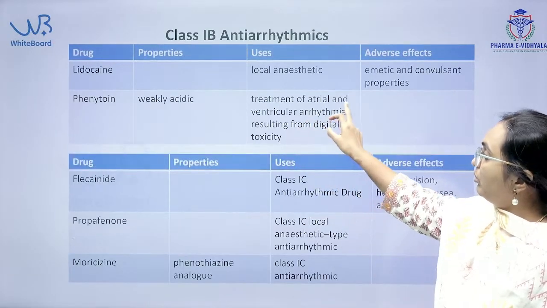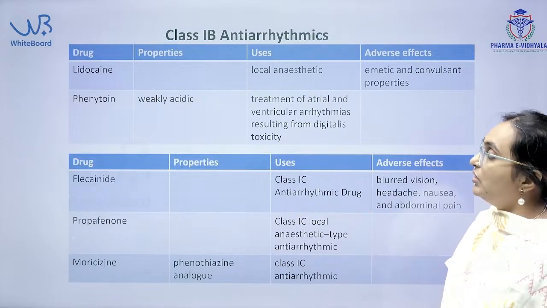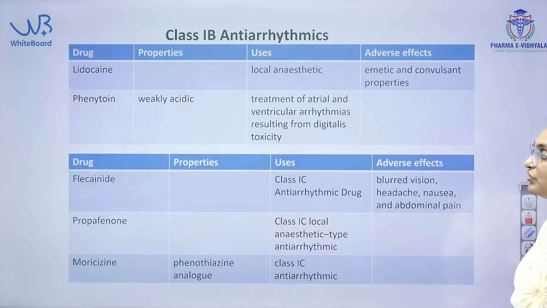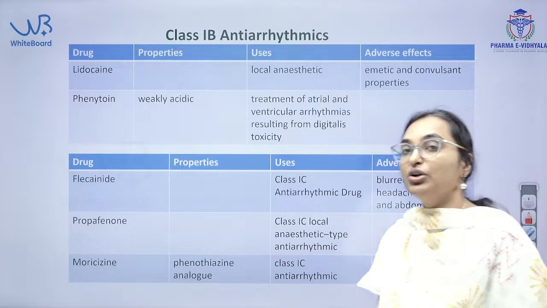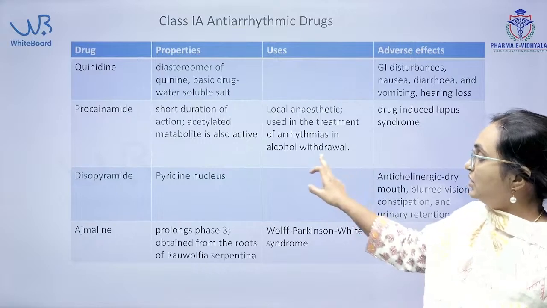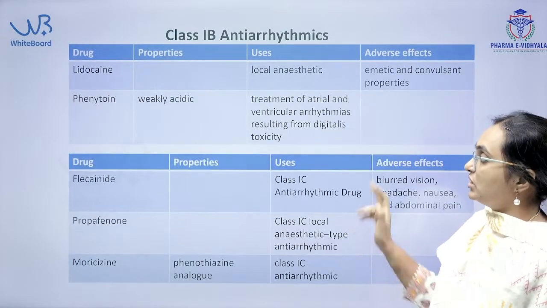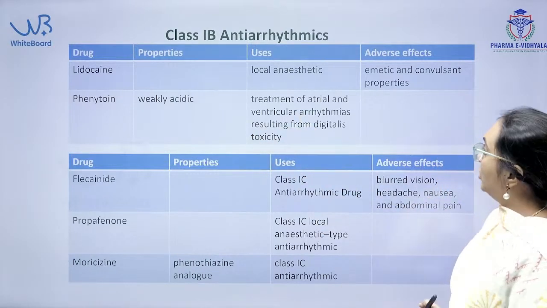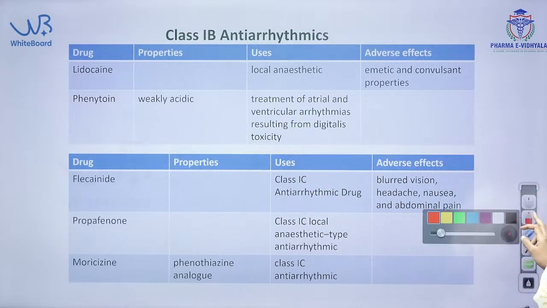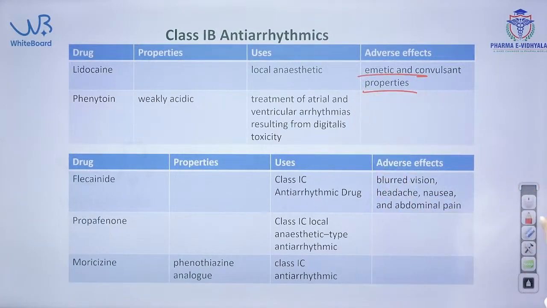Phenytoin is used in the treatment of atrial and ventricular arrhythmias resulting from digitalis toxicity. Which drug is used for arrhythmias due to alcohol withdrawal? That is procainamide. For arrhythmias due to digitalis toxicity, phenytoin is used. Lidocaine adverse effects are emetic and convulsant properties.